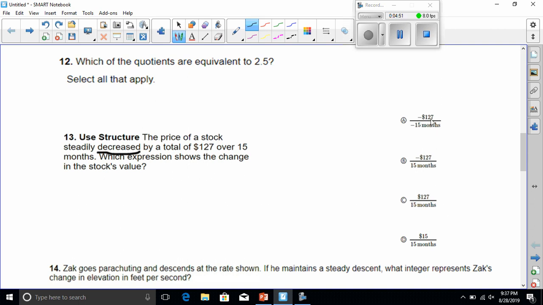So the only ones you should consider are A and B, because the other ones don't have a negative 127 on top. It says over 15 months. There's no such thing as negative 15 months. You can't go back in time. So the answer has to be B.